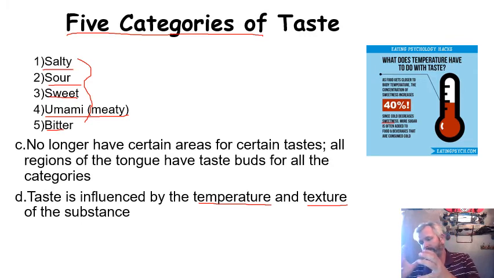Drinking one of those frappuccinos, very, very sweet, but also very cold. So it dampens your sweetness, but you still feel sweet. So you can imagine how much sugar is in, say, an ice cream or a popsicle. It's going to dull your sweetness in your taste buds, but you still feel sweet. So you can imagine there is lots of sugar in those colder things that taste sweet because they are influenced by that temperature.